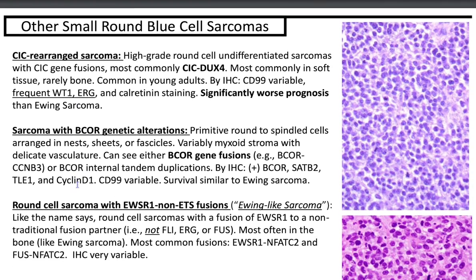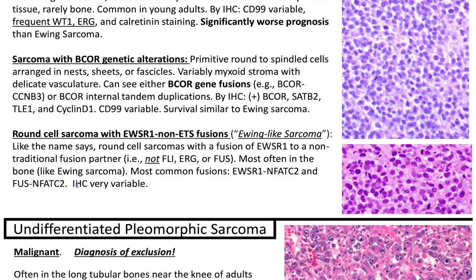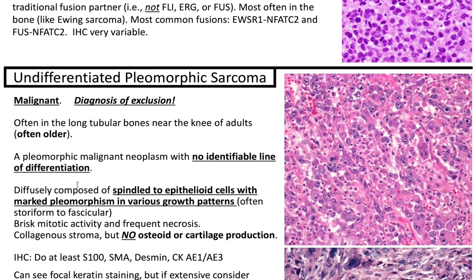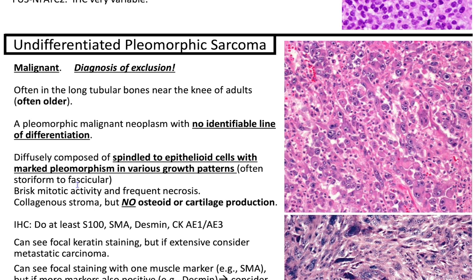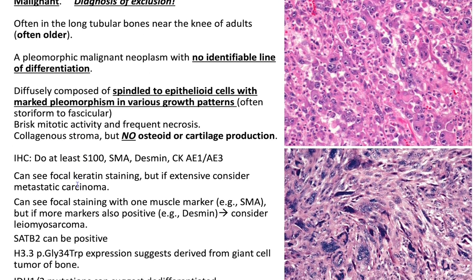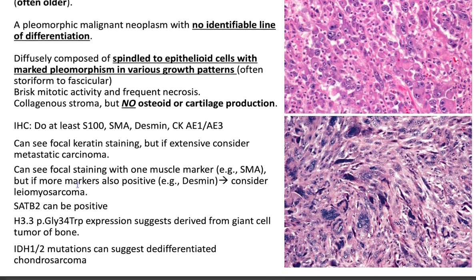Your other small round blue cell sarcomas, including your CIC rearranged, worse than Ewing's, sarcoma with BCOR genetic alterations, round cell sarcoma with EWSR1 non-ETS fusions, and then your UPS, no identifiable line of differentiation, diagnosis of exclusion, should not see osteoid or cartilage production.